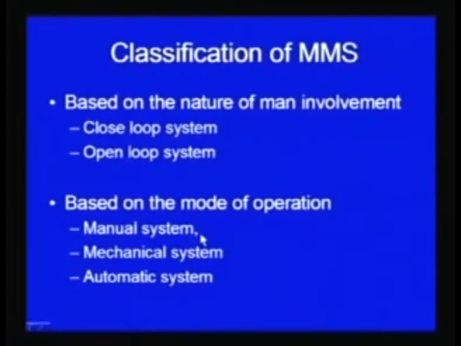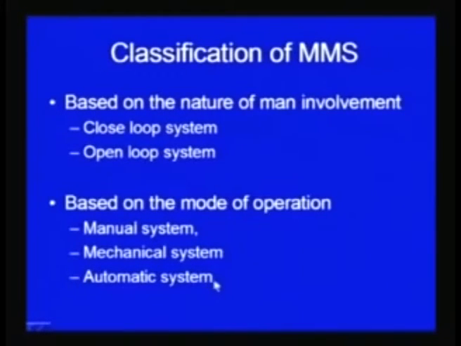In manual systems, the energy required for success of the operation is delivered by the operator, while mechanical systems are power driven systems, but the operator receives the information, takes the suitable decision and then takes corrective action for the success of the operation. While in automatic systems, the receiving of the signals, taking suitable decisions and then action is also taken by the machines themselves.